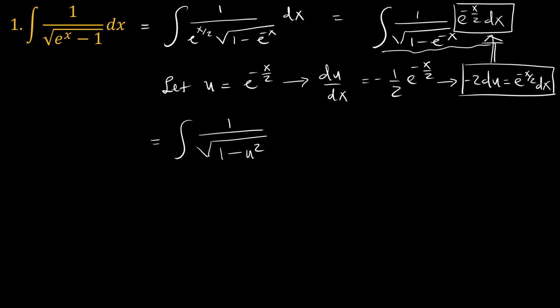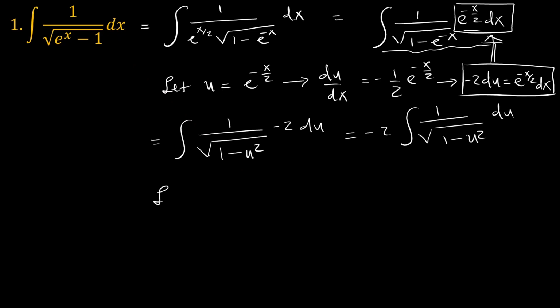And then in place of this part here, we have now negative 2 du, which is the same as negative 2 times the integral of 1 over square root of 1 minus u squared du.